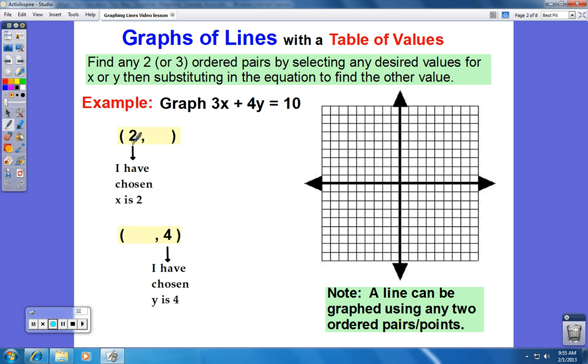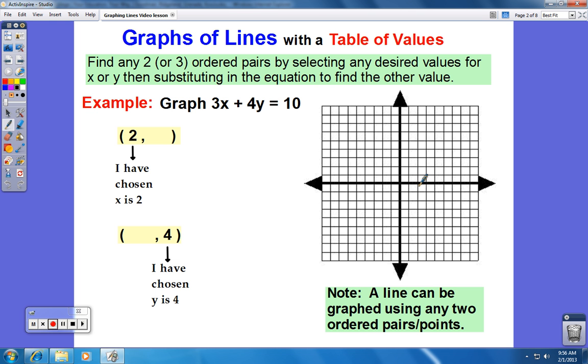In this particular ordered pair, we want to know when x is 2, meaning well, we have our values here on the x-axis. When we're here at x equal 2, where is our y value going to be located? Are we going to go up? Are we going to go down? Or will we stay where we are?